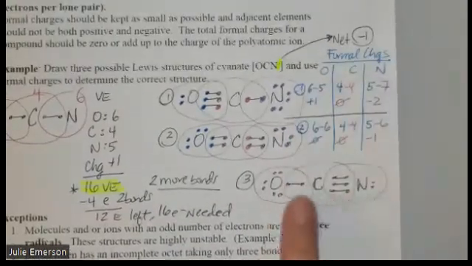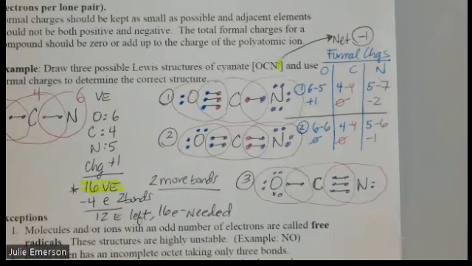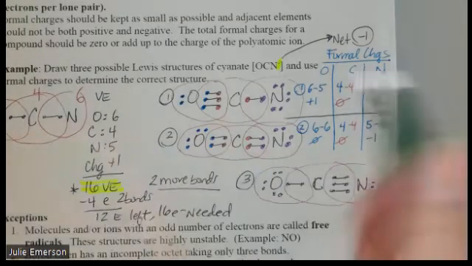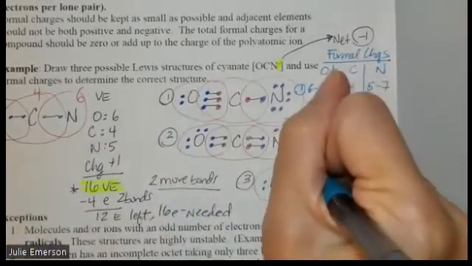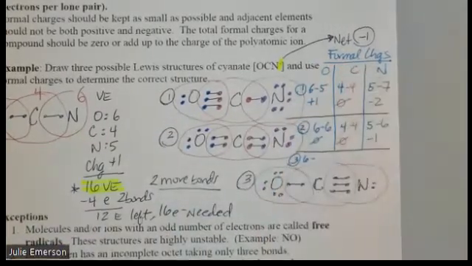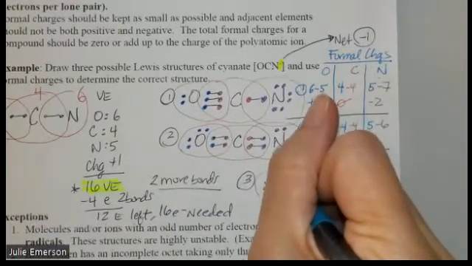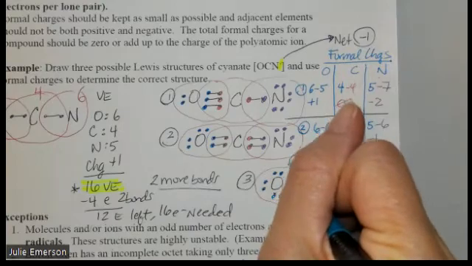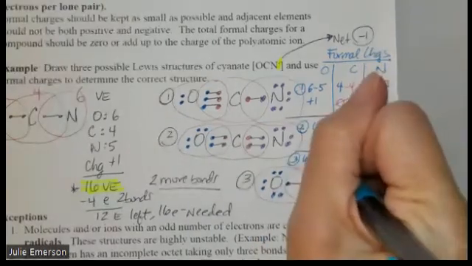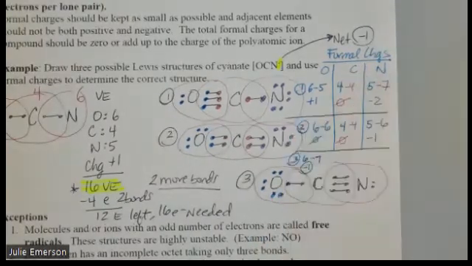So let's check our last structure here and see if this one's better. All right, so we got one more structure to go. For the third structure, oxygen again comes in with 6, and now we've assigned it 1, 2, 3, 4, 5, 6, and 7. So 6 minus 7 means -1 overall.